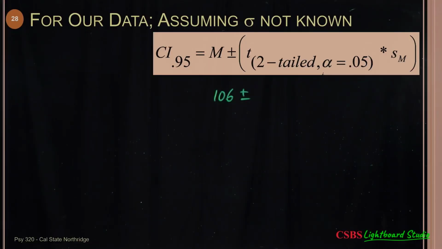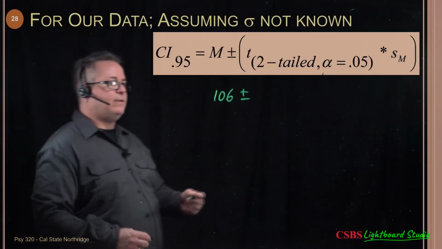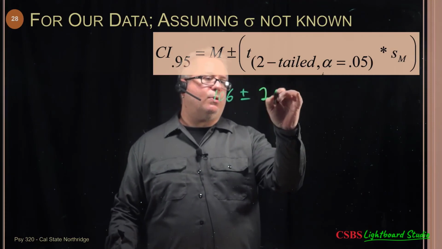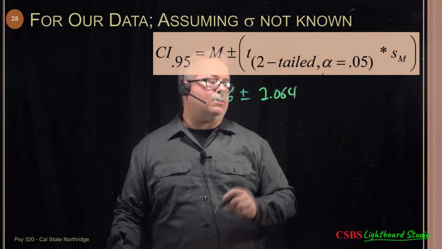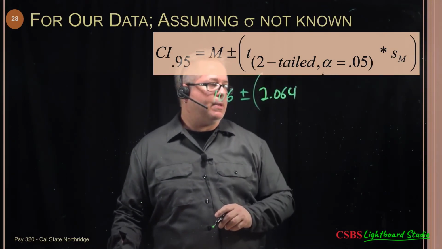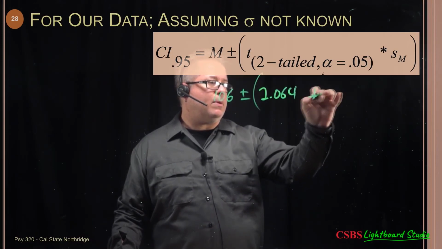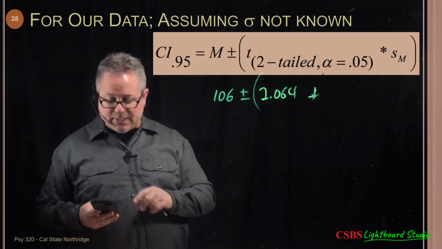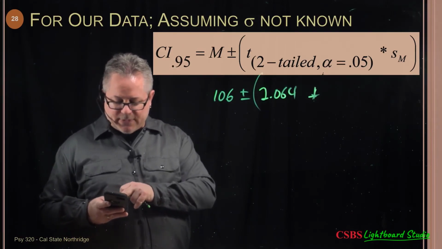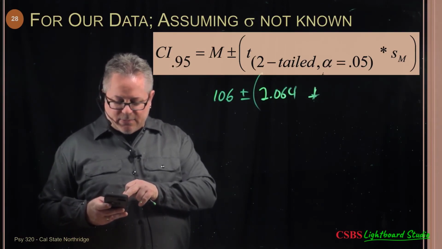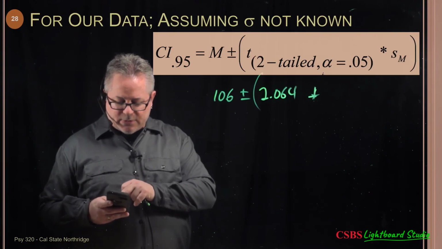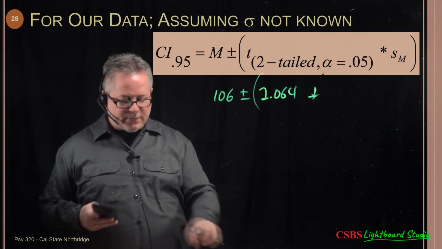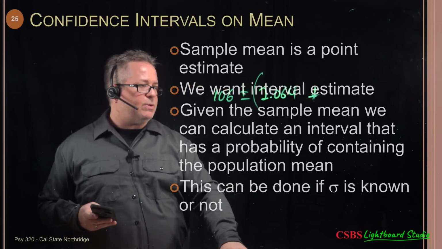Okay. So 106 plus or minus 2.064, which is our t value. Now I need to multiply that by our standard error based on the sample. So that's 7.78 divided, 7.778, I think. I don't remember, so let's go back and make sure.